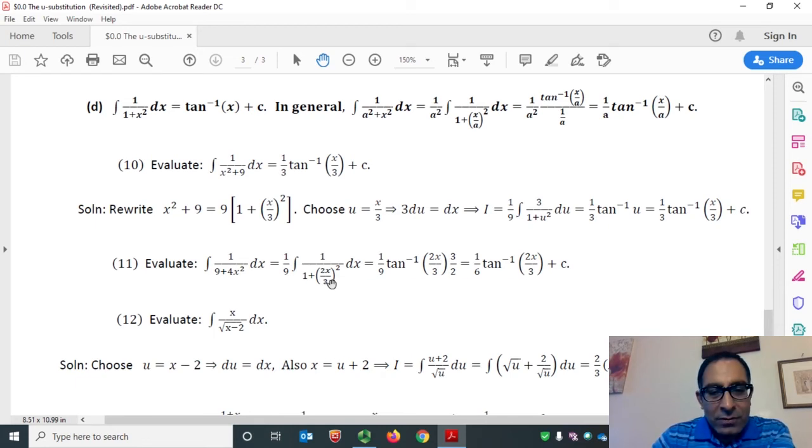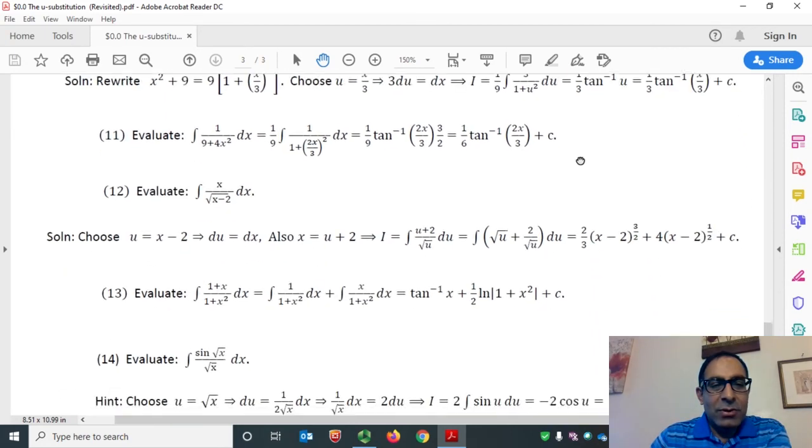So tan inverse x, and by the hidden chain rule, I need to divide by 2/3. Dividing by 2/3 is the same as multiplying by 3/2. So I flip 3/2 down there. Then we simplify. This 3 cancels 9 three times. Then 3 times 2 is 6. So 1/6 outside. Tan inverse 2x over 3 plus c. Awesome. Great. So now let's continue.